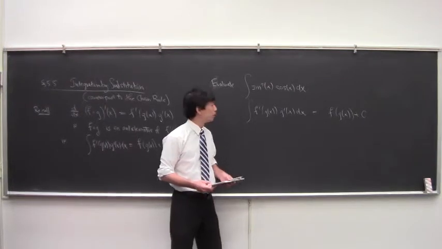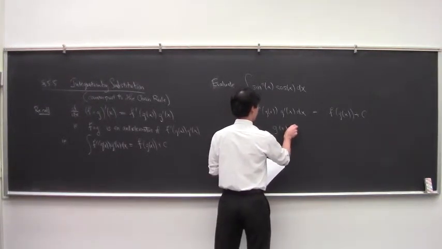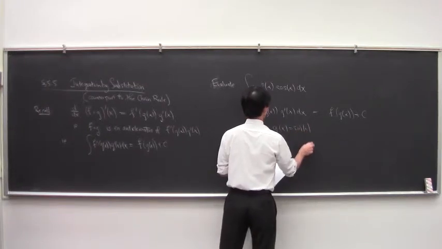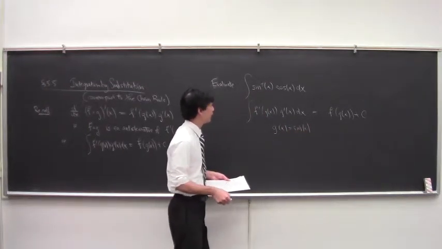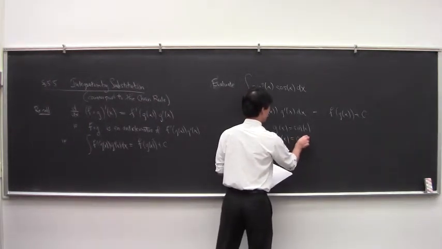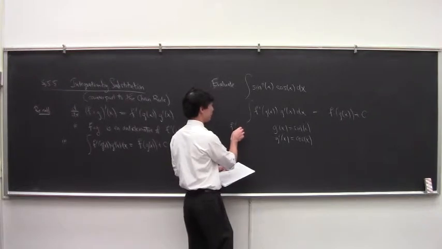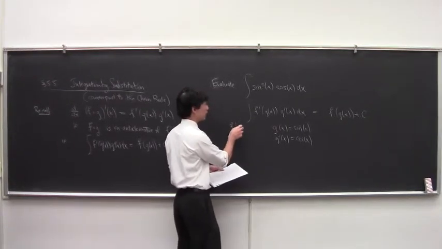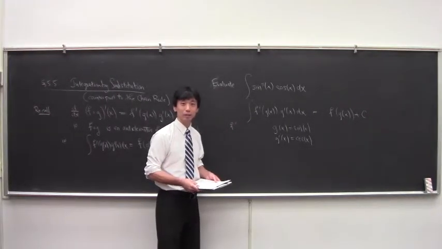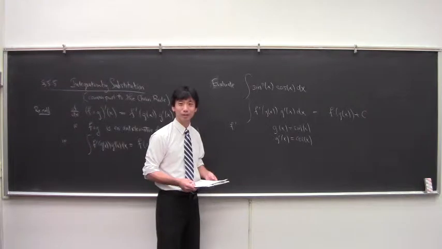Sine of x. g will be sine of x. And then g prime will be cosine x. And what's f? Well, f prime then is going to be what? Go ahead, Mohammed. x cubed.